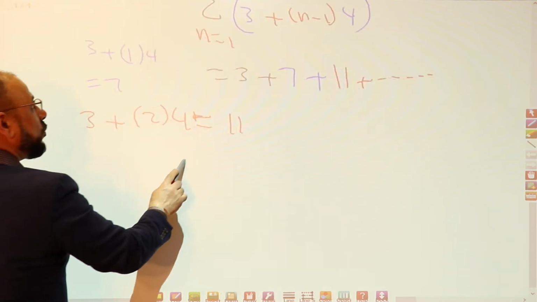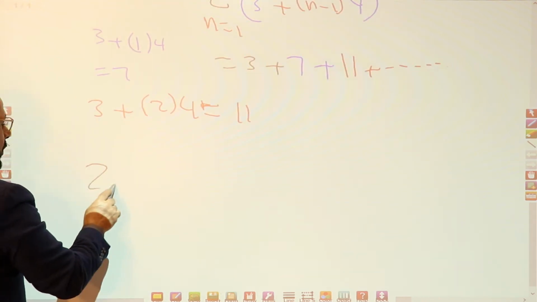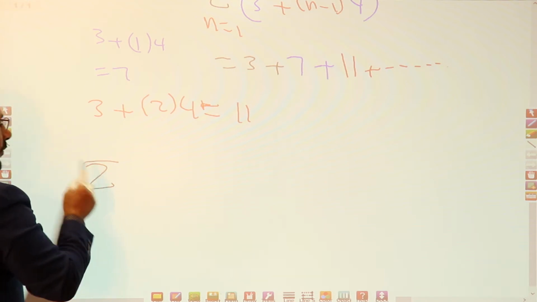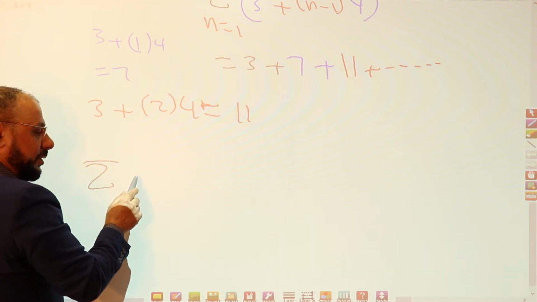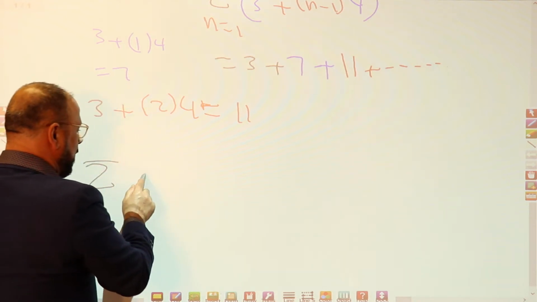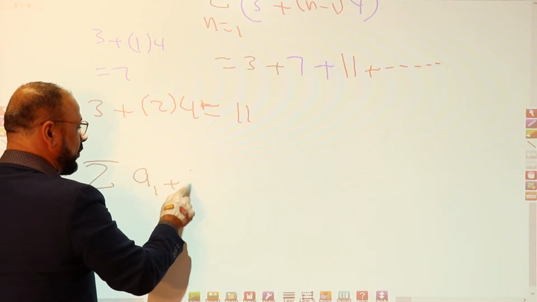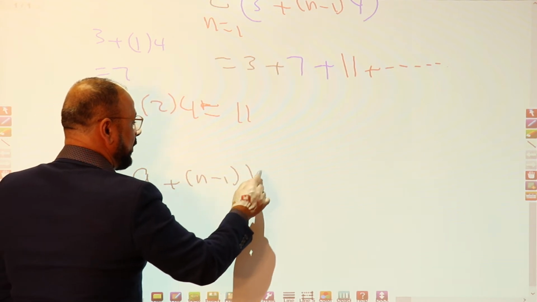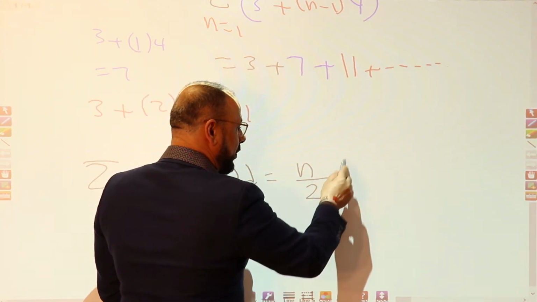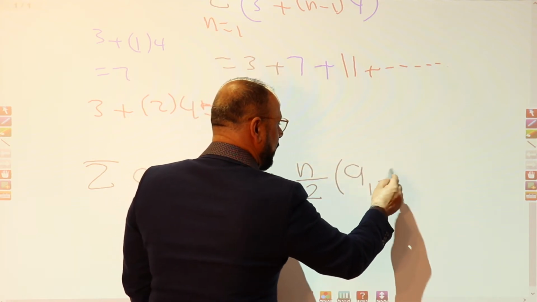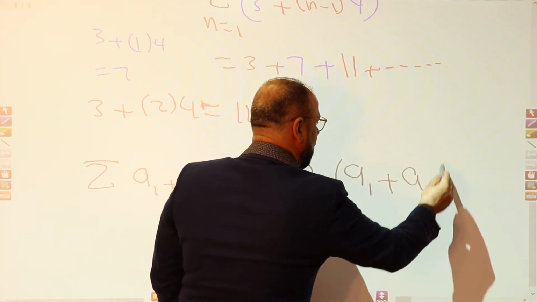And we said the sum of this one, from yesterday, equals n over 2 times the first term and the last term.